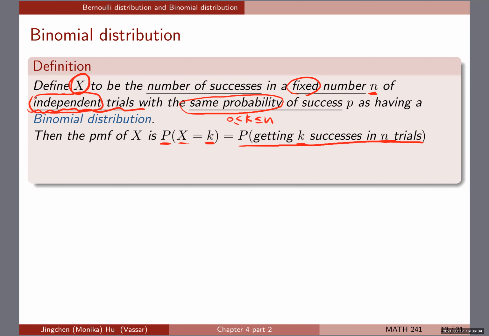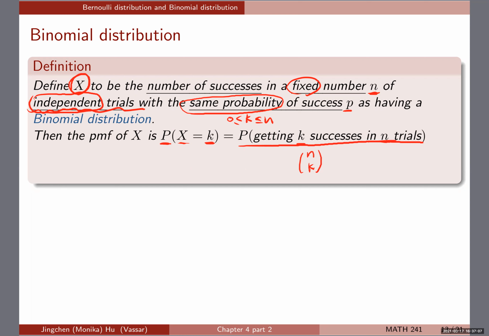So for n trials, all of them have the same success probability P, and they're independent. If I want to find the probability of getting exactly k successes in n trials, I first need to figure out where exactly I'm going to have those k successes out of n trials. So we do n choose k to figure out, among the n trials, which k have the success.